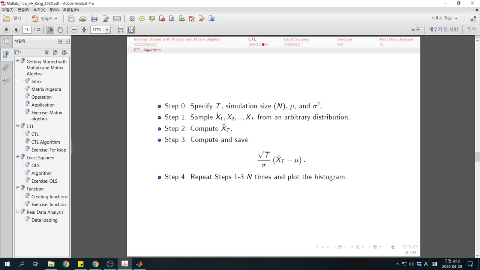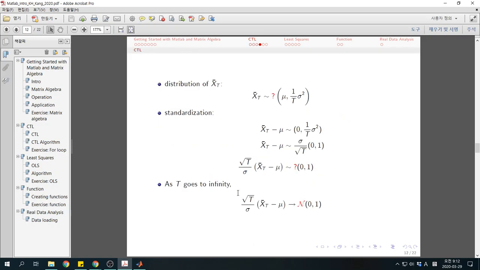We are going to specify the sample size, and we would like to see how this random variable is distributed. To see its distribution, we need to plot the histogram. To plot the histogram, what do we need?